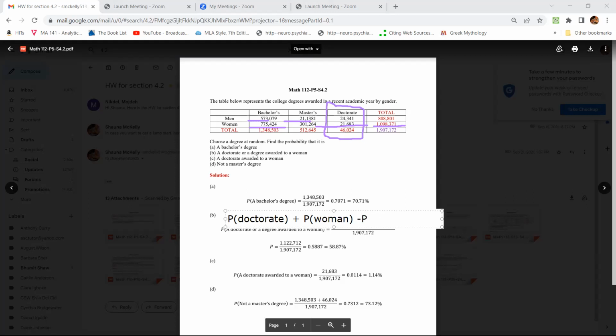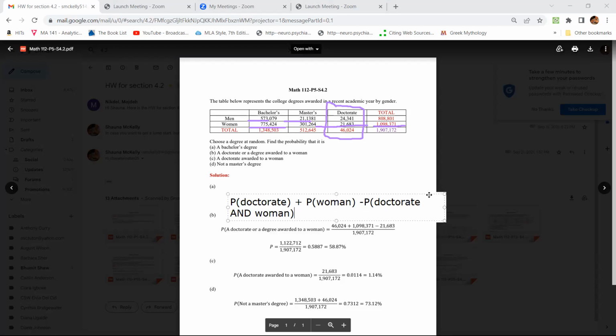So this is the probability of a woman or a doctorate, minus a doctorate and a woman. And so we're taking away this piece.